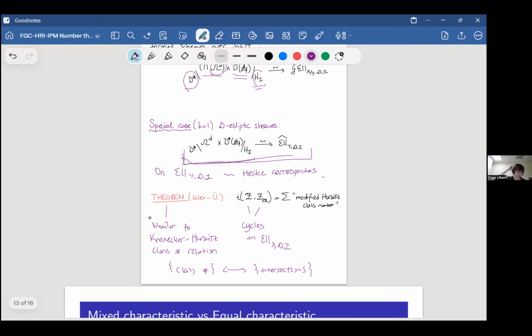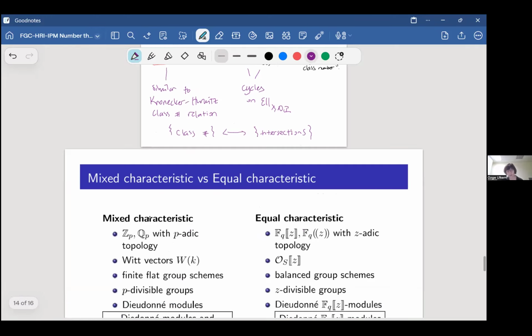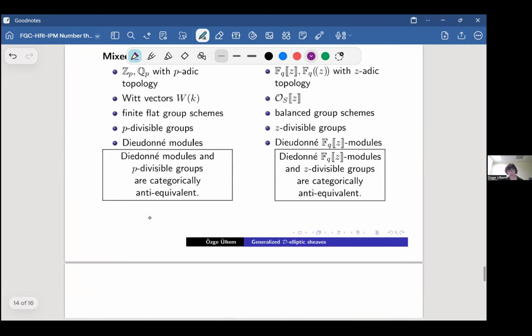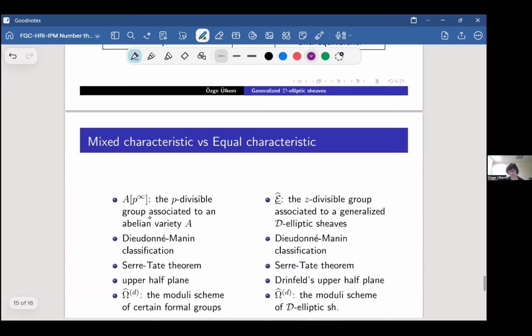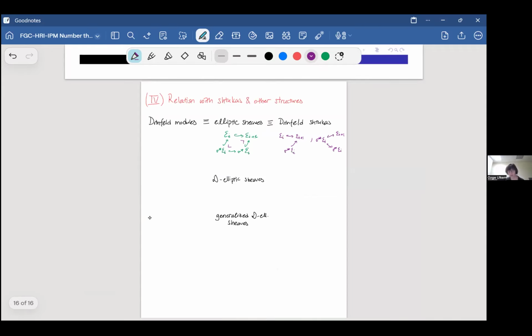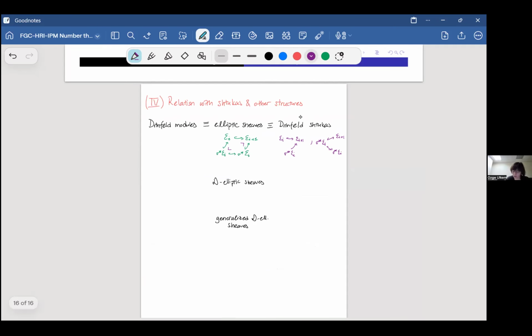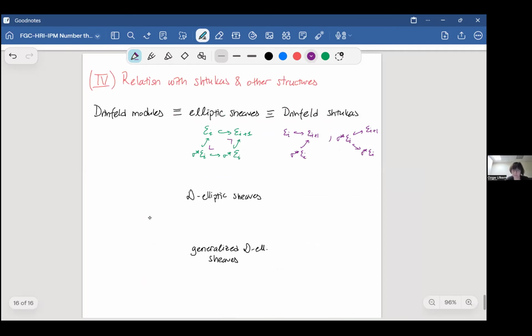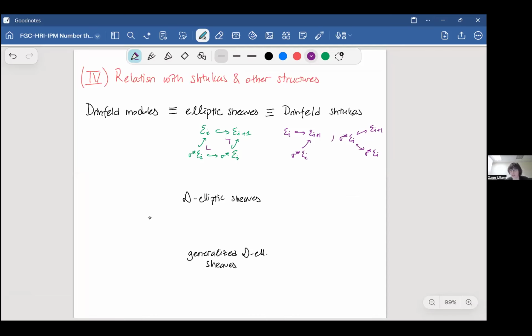Okay, I don't have much time, but I had some more analogies. I want to talk a bit on shtukas, like 2 minutes. So we had Drinfeld modules, which are categorically equivalent to elliptic sheaves, which were such a diagram, right?